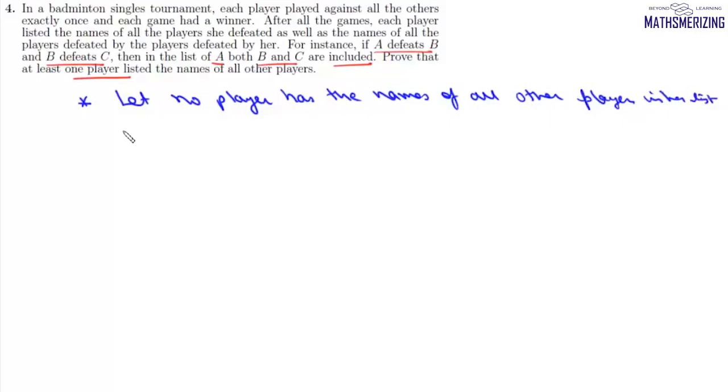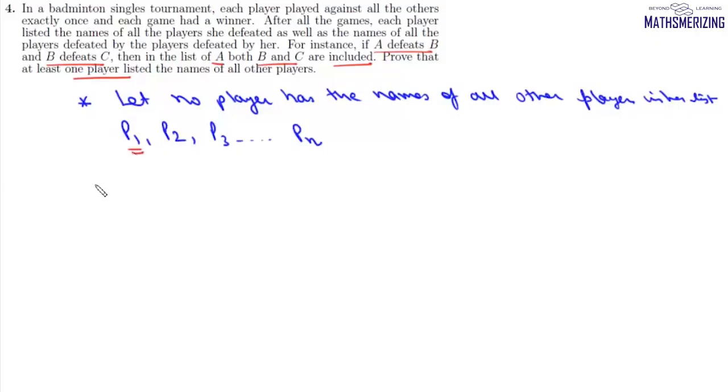Now suppose the players are P1, P2, P3 and Pn. Now if no player has the name of all players in her list, then there will be some player who will have the maximum number of names in the list. And let us say that player is P1.